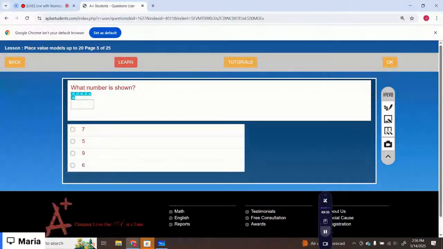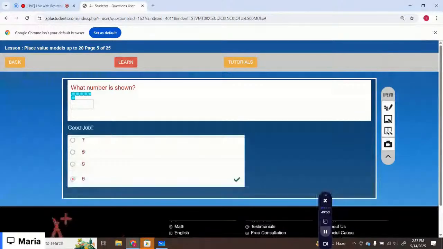What number is shown? The correct option is 6 ones. That is 6. Option number 4 is the correct option.